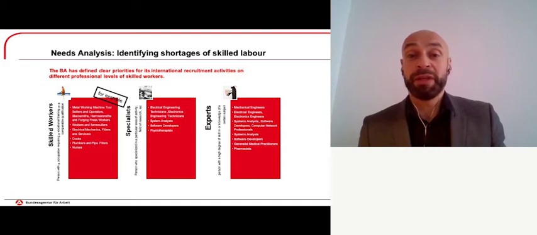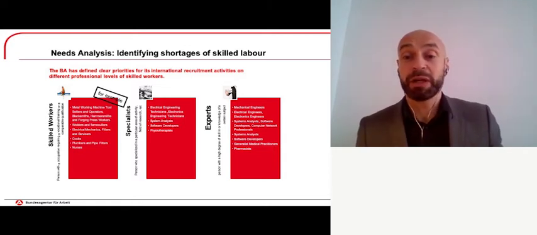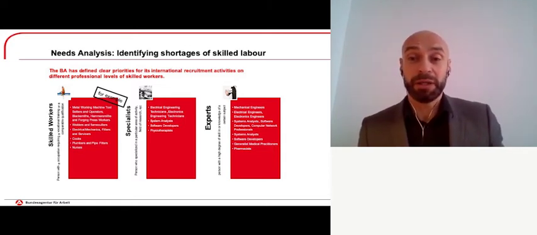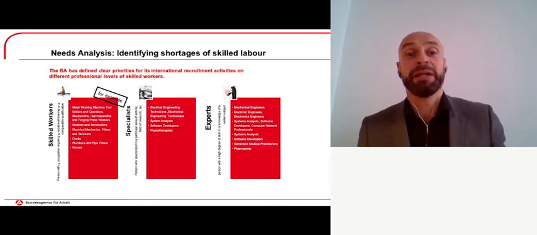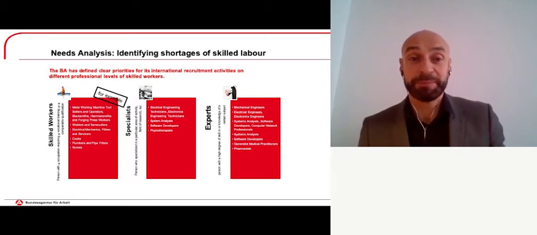So the shortages caused on the German labor market by the demographic development will probably not disappear through the effects of the Corona crisis. So we are quite confident that we will be needing active recruitment also for skilled workers from countries outside the European Union, even after Corona.